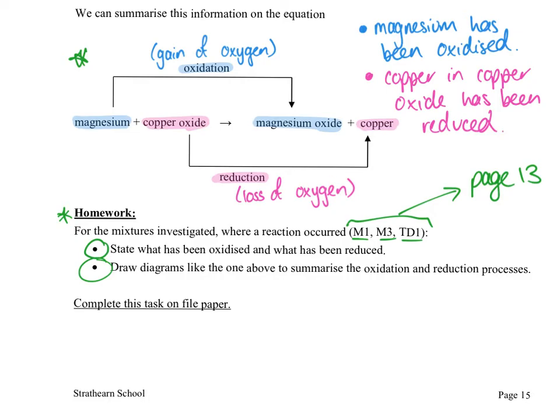And to be honest, it's probably easier to do that first because that will require you to write out your word equation, which if you're struggling with, look back at page 14, as you should have written word equations for each of those reactions on page 14. So I would actually say do this first, draw your diagrams using your word equation, and then state what has been oxidised and what has been reduced. That's probably the easiest thing to do.